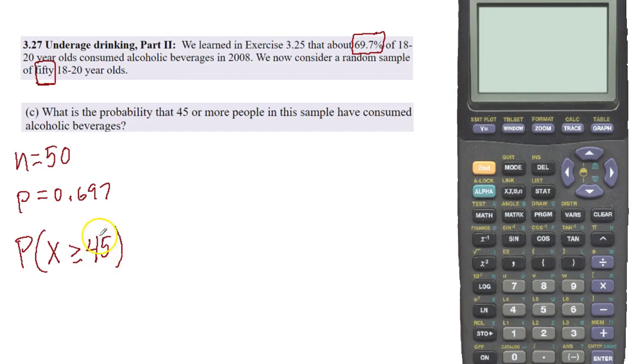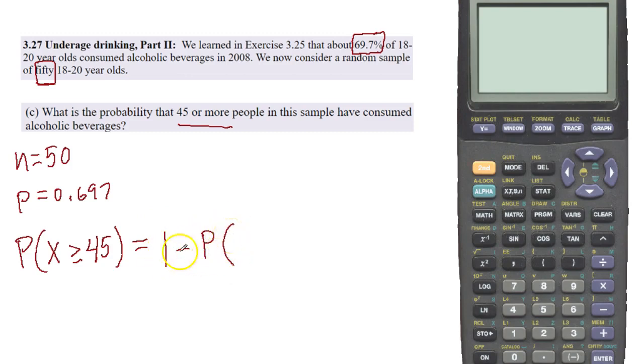What would satisfy this is 45, 46, 47, 48, 49, and all the way up to 50. That would satisfy 45 or more. So the binomial CDF does that, but it finds less than or equal to. So what you need to do is think about this and turn this into less than or equal to, which would be 1 minus the probability.